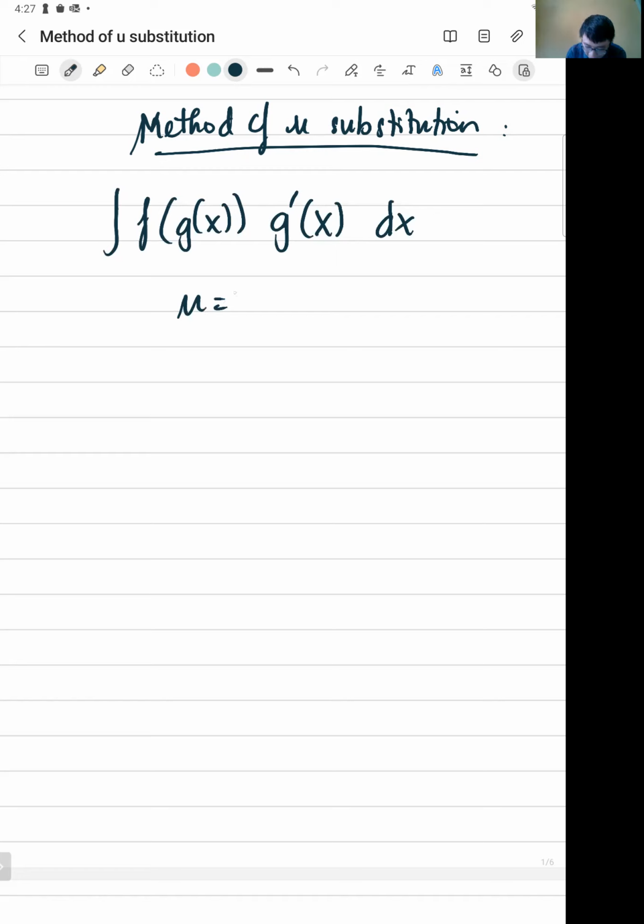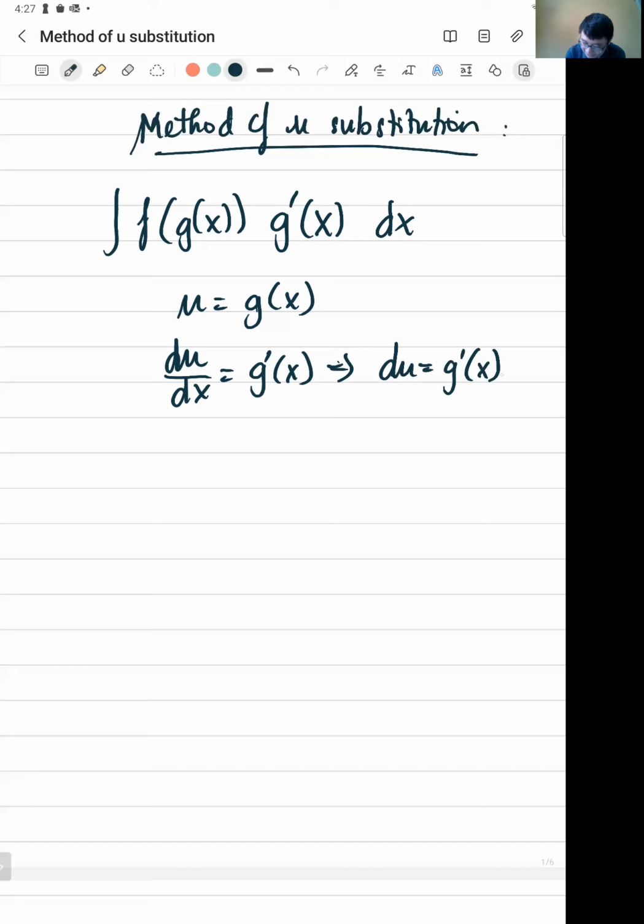Now we set u equal to g of x, right? If I differentiate u in terms of x, that means I differentiate the function g of x, and so du is equal to g prime of x times dx. What I realize is that this part here I can write as du, and this g of x I can rewrite as u.